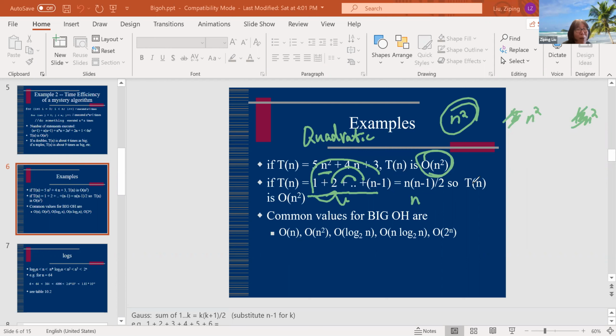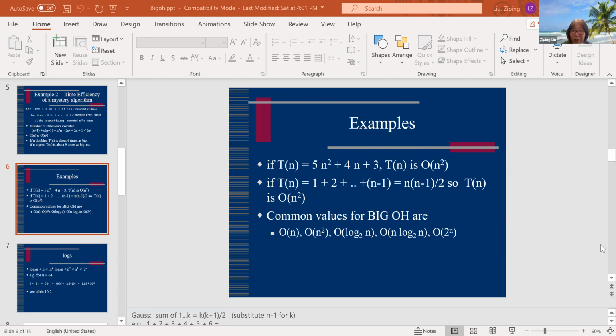Then you just count how many pairs. That's how you come up with this faster calculation. So it's also quadratic. And in general, the common values for Big O are linear, quadratic, log n, n log n, 2 to the n. Something like this gives us more generalization.